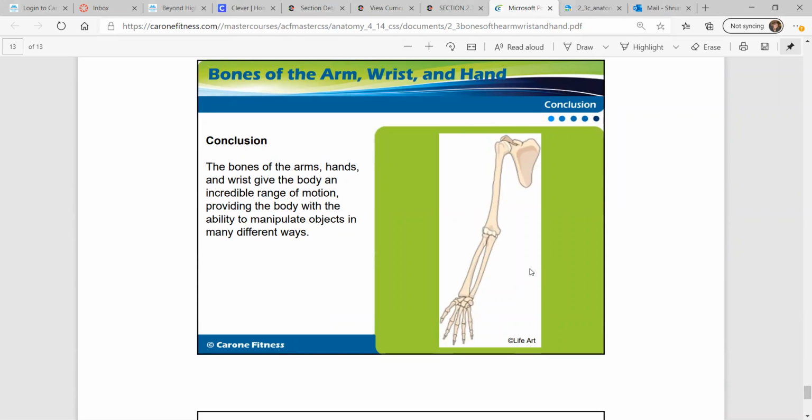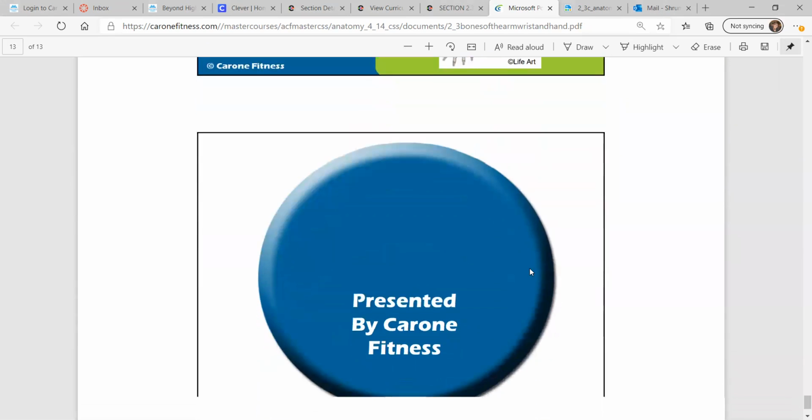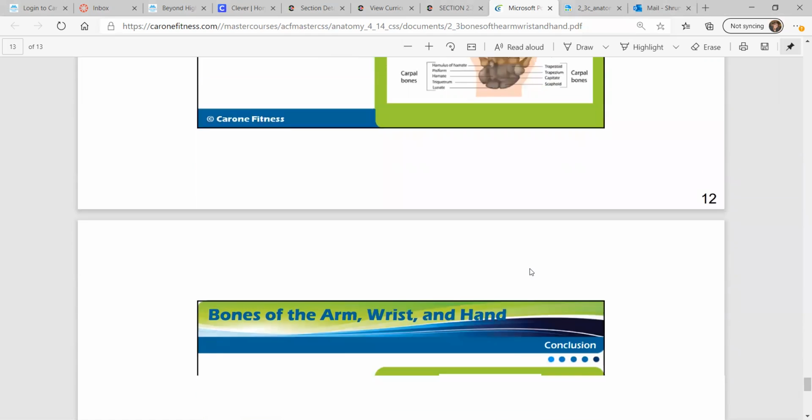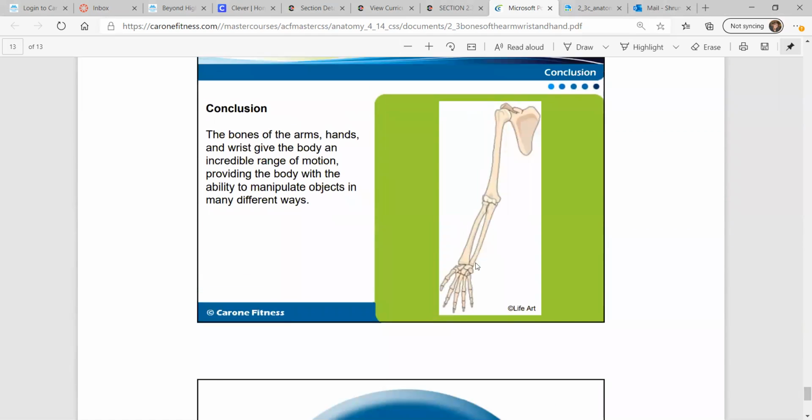And in conclusion, the bones of the arms, hands, and wrists give the body a very good range of motion, providing the body with the ability to manipulate objects in many different ways, both large and small. And the further you get towards your hand, you notice how much smaller the bones are.